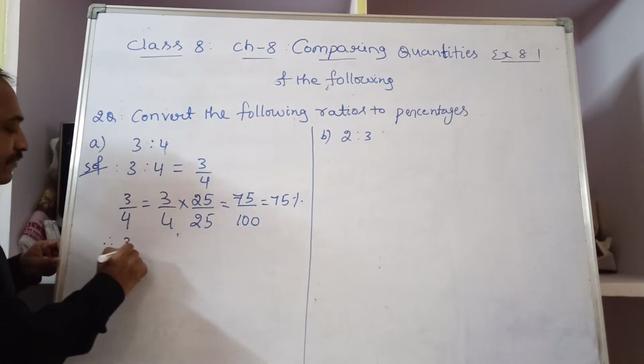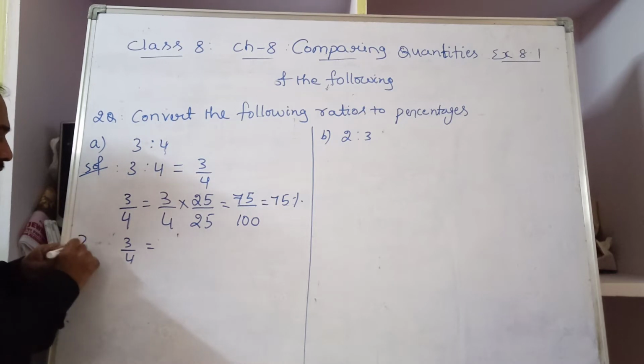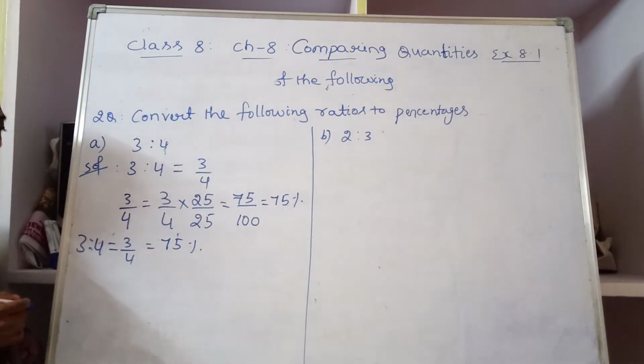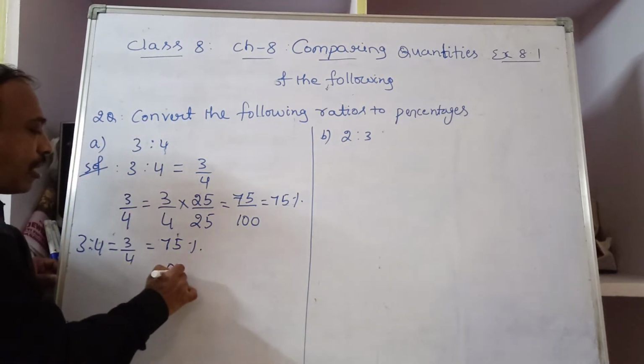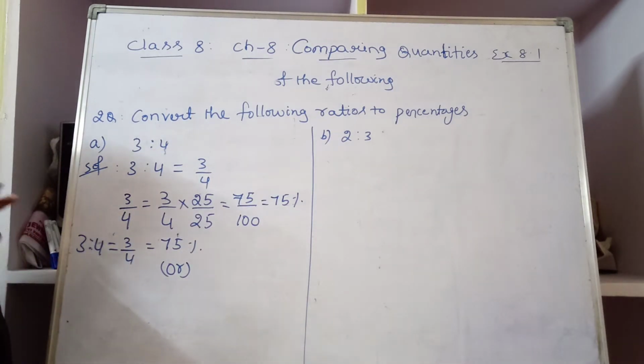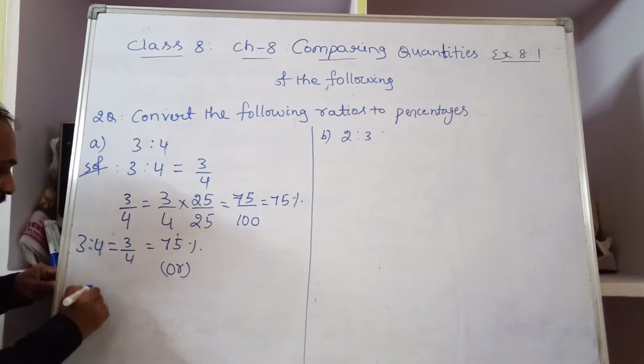Therefore 3 by 4 is equal to 3 is to 4, which is equal to 75%. Now you see here, I said two ways. One is by converting the denominator into 100, or by multiplying both numerator and denominator with 100. You must obtain the same answer. So now 3 is to 4, or another method.